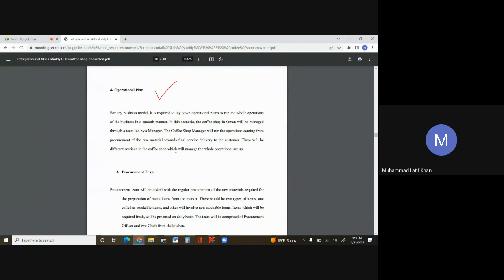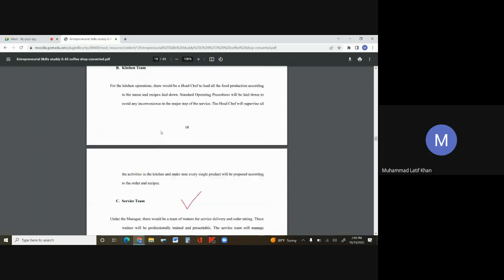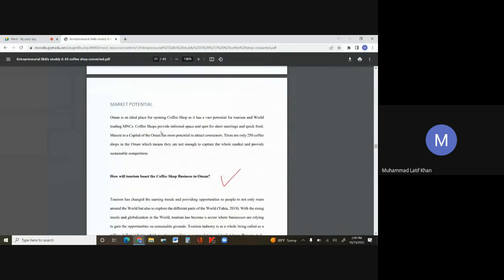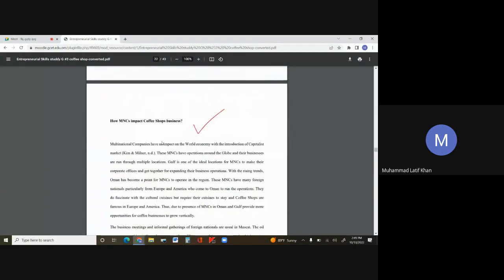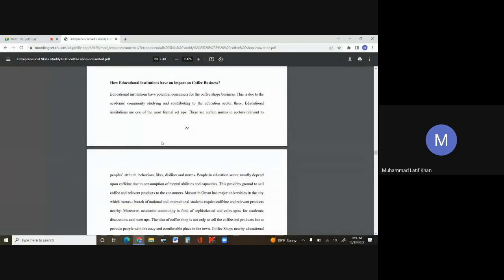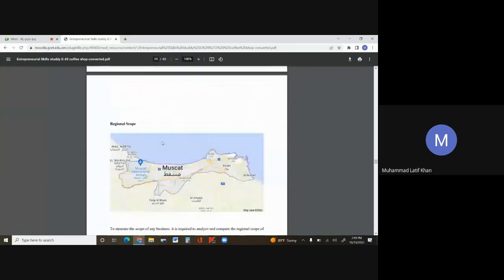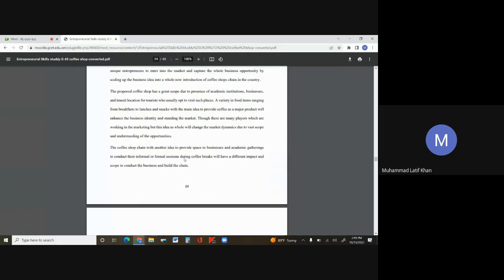But for a deeper understanding, you need to read this report, and then you will come to know how they are going to do it. Market potential, who will be the final consumers of this coffee. I will show you some other ideas also, so you will come to know better. Scope of this idea, meaning the region.